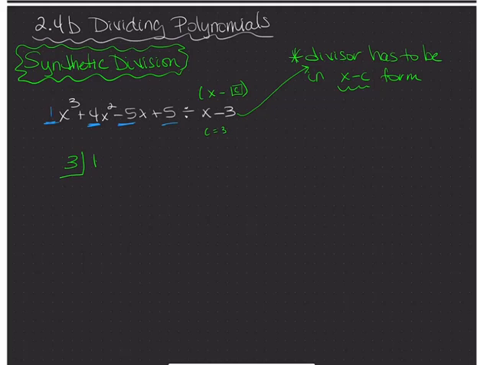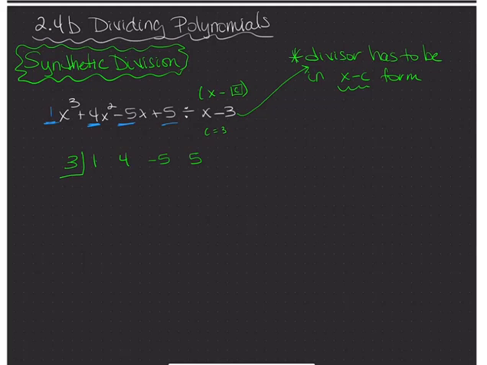So I have a 1, a 4, a negative 5, and a 5. That 1 came from here, this 4 is right there, this negative 5 is here, positive 5 is here. C equals 3, that's where that came from.